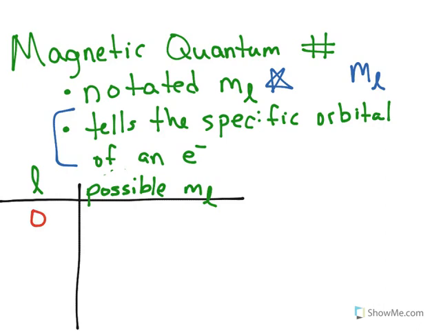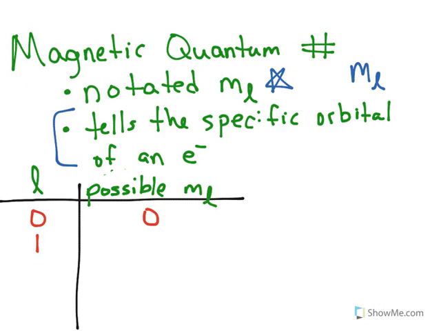In an S sublevel, there's only one orbital. So there's only one possible M sub L value, and we actually call that value 0. That is the only option. If L is 0, M sub L has to be 0.